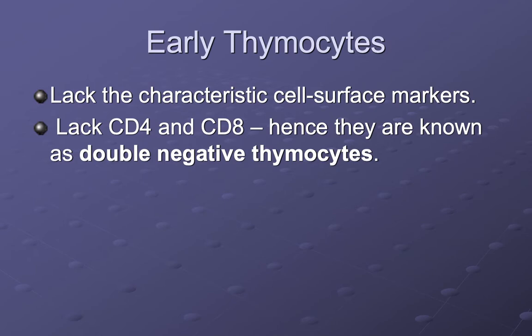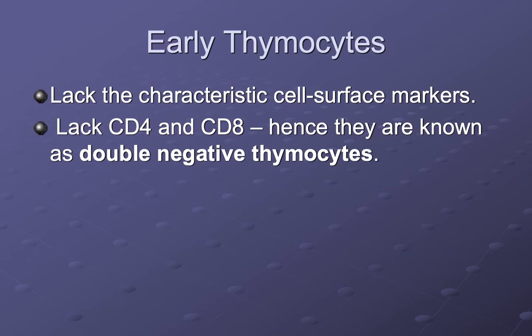They lack the CD4 and CD8 surface molecules. Therefore, they're given the name double negative thymocytes, because they don't have the CD4 and CD8 that we associate with helper T cells and with our CTLs, our cytotoxic T cells, right?